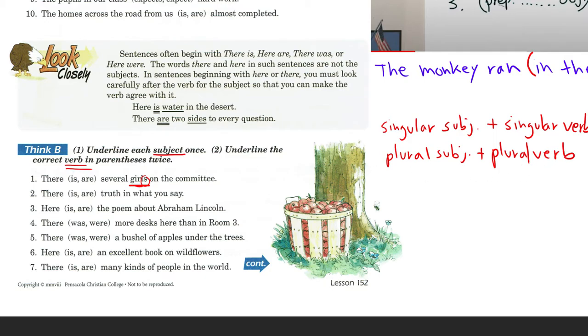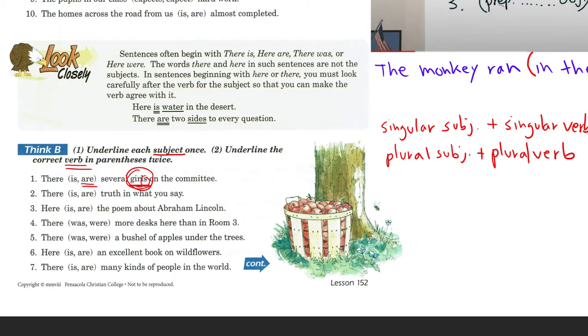If you guys remember, which one is plural? Is it is or are? Do I say the boy are funny, or do I say the boy is funny? Since the boy is funny makes more sense, boy is singular, and is is singular and are is plural. So since girls here is plural, I would need to pick the plural verb, which is are.